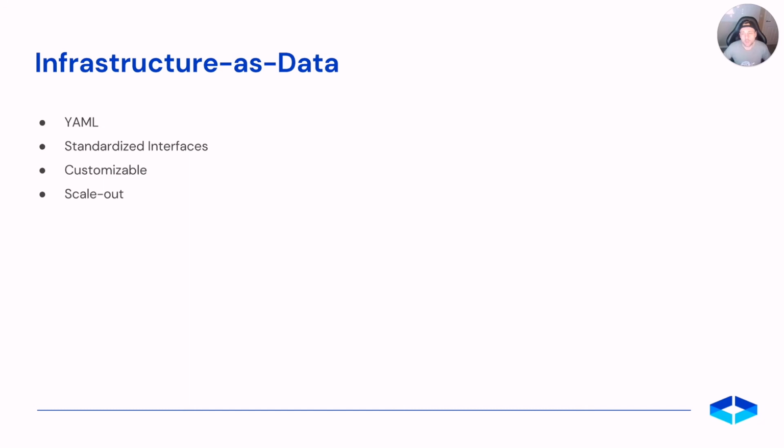Also, by integrating natively with Kubernetes, you can now take advantage of all its features. So scale out with the cluster, extending the API, using custom resources while interacting with the cluster through standardized interfaces such as CNI for the network or CSI for persistent volumes. And this is exactly what OnDat is about.